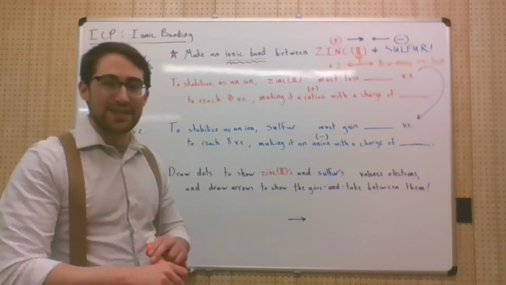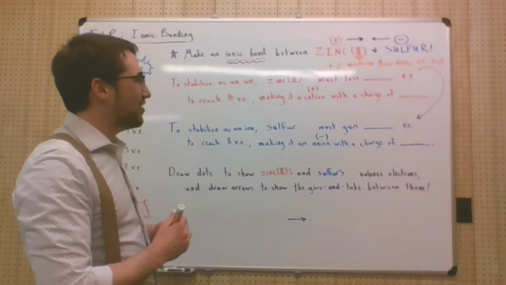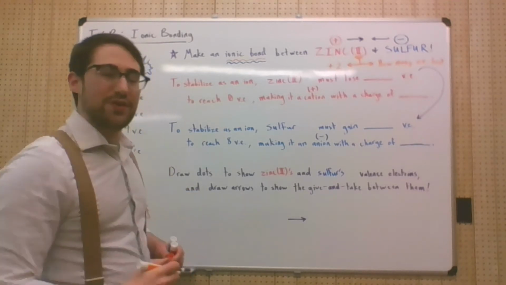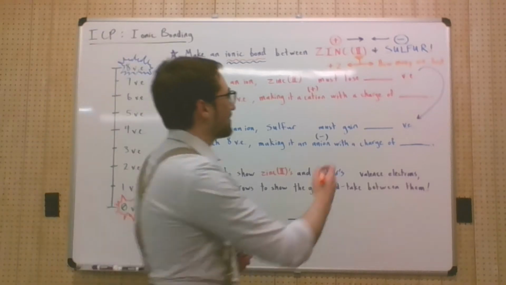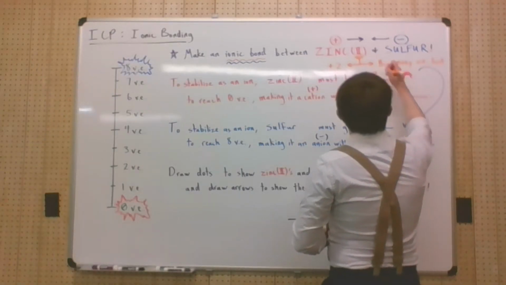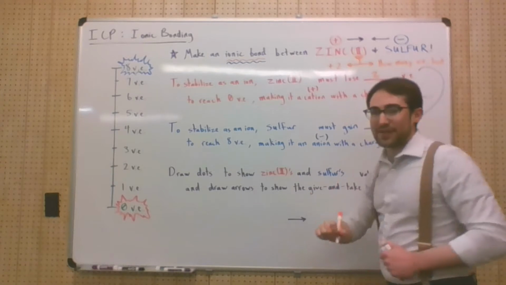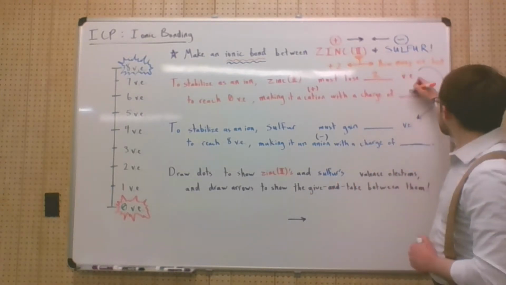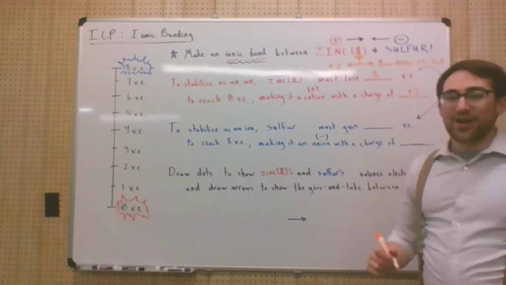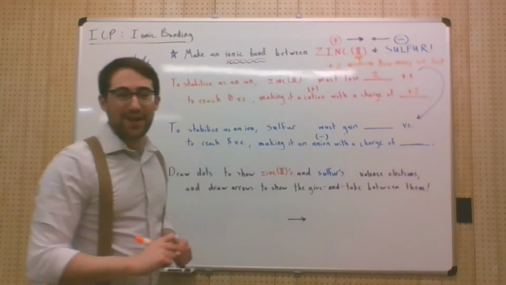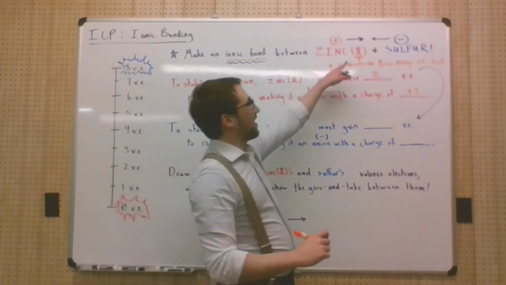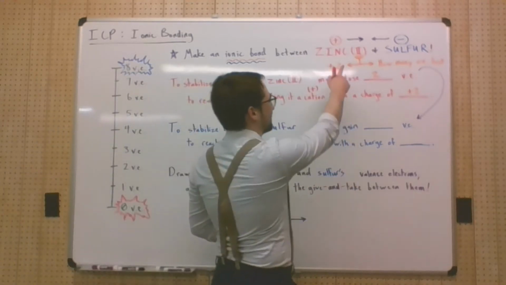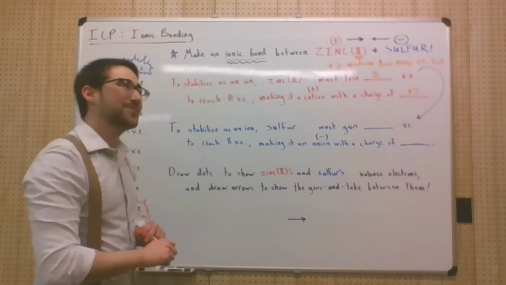Okay, so in this case, zinc is going to lose 2 valence electrons to get that positive charge of 2. And again, we know that not because of the periodic table, but because of that Roman numeral right there, the Roman numeral 2.